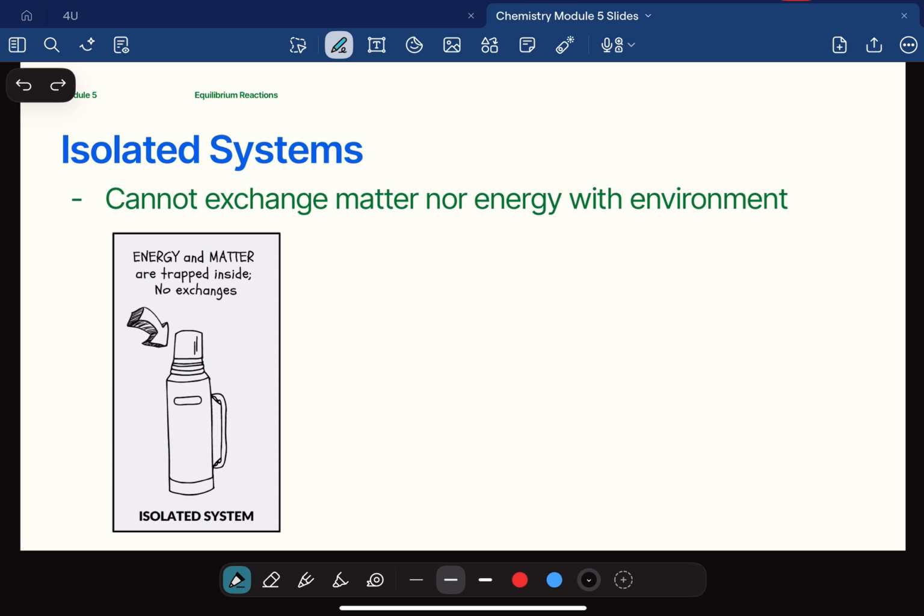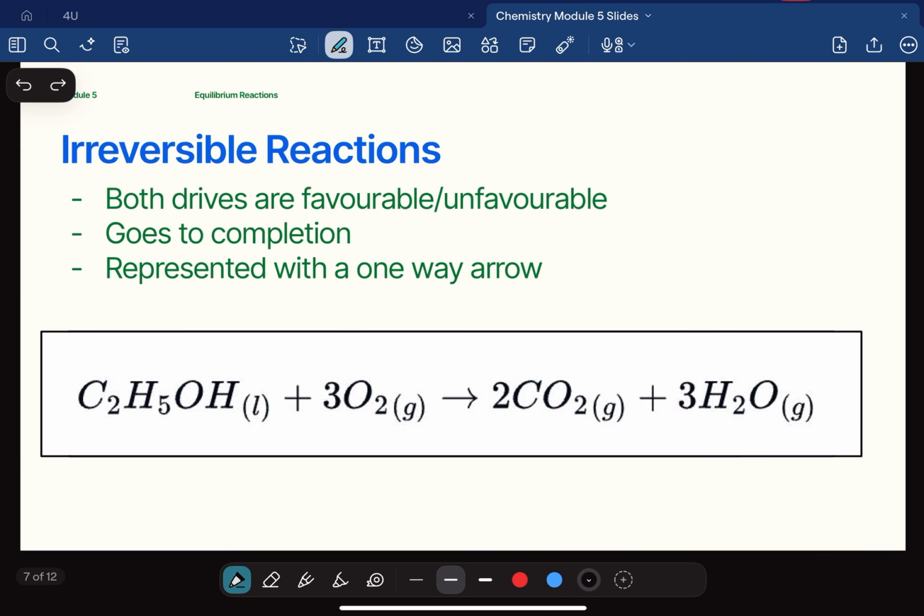Next, we'll be moving on to irreversible and reversible reactions. An irreversible reaction happens when both drivers are either favorable or unfavorable. What does this mean? That means that there's either 2 cases. So delta H is either favorable and delta S is also favorable, or delta H is unfavorable and delta S is also unfavorable.